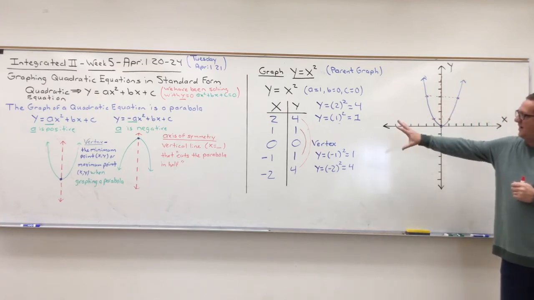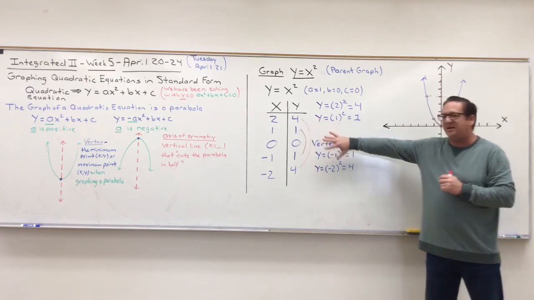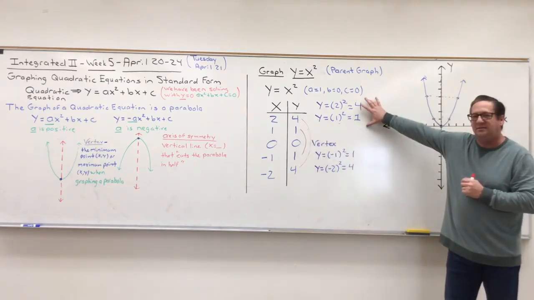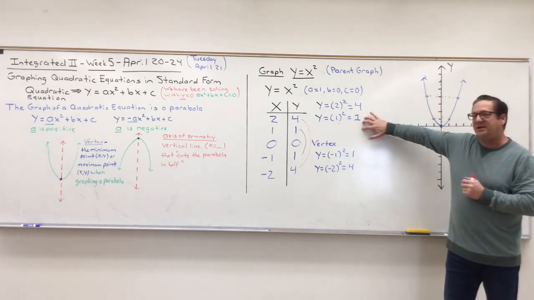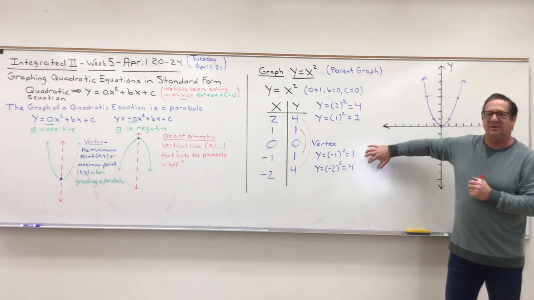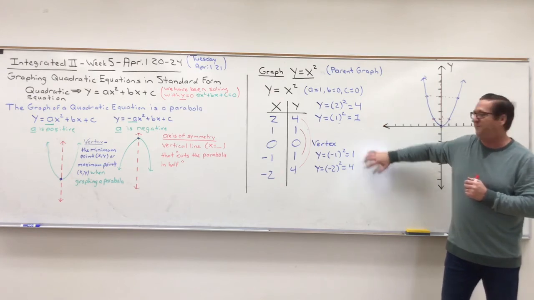So our values will always be the same. So it's not like you'd actually have to plug in and do this 5 times. If you're going to plug in, you could do it 3 times, but I even have more of a shortcut for you that I'll talk about in the next example.